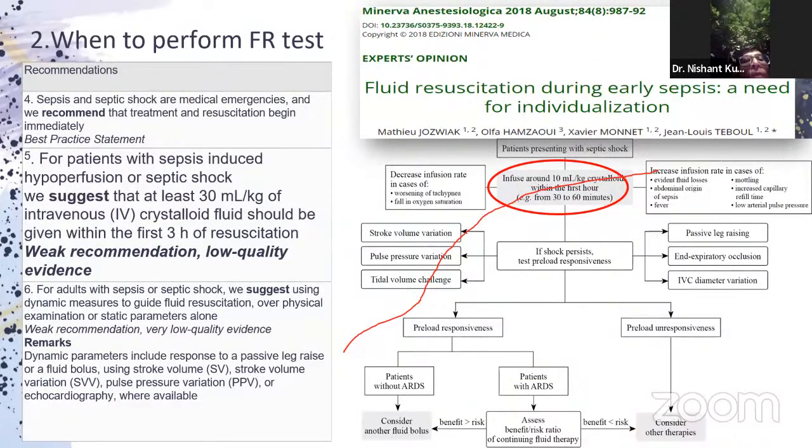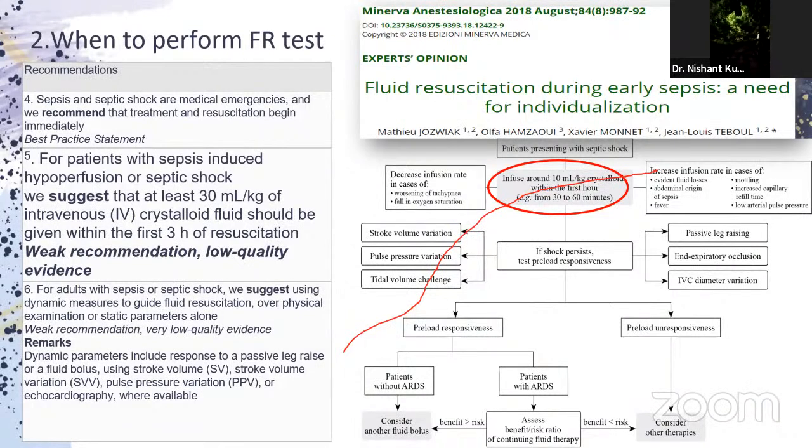So when to perform a fluid challenge, a fluid resuscitation test? In patients presenting with septic shock, initially you infuse around 10 ml per kg within the first hour. That is per the Surviving Sepsis guidelines. You decrease the infusion rate if the clinical features are worsening or there's a fall in oxygen saturation.